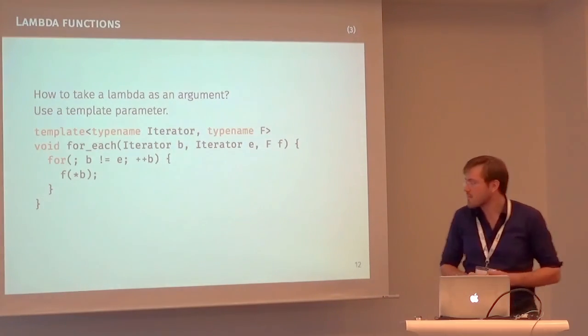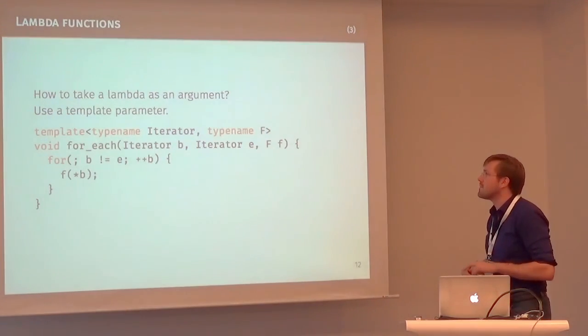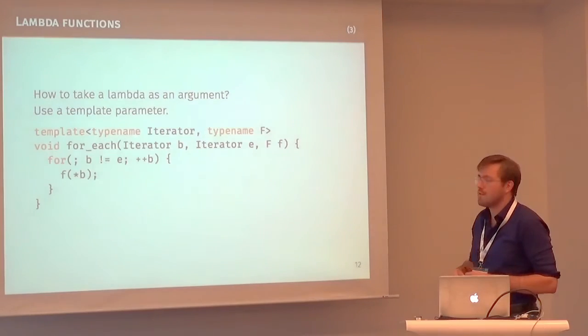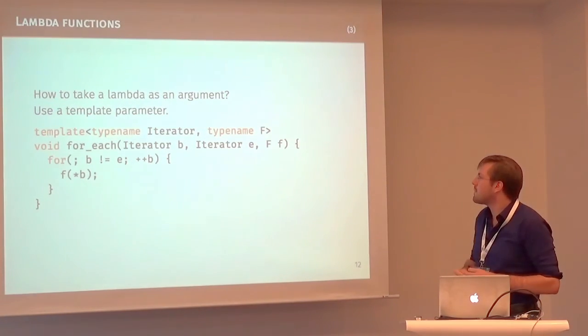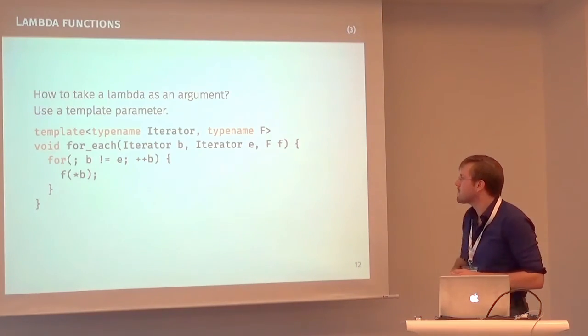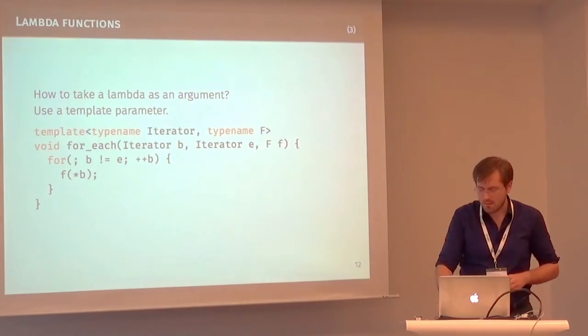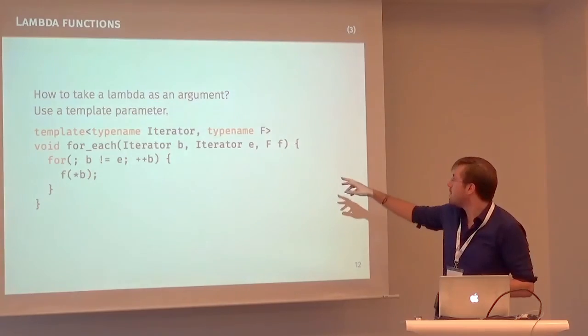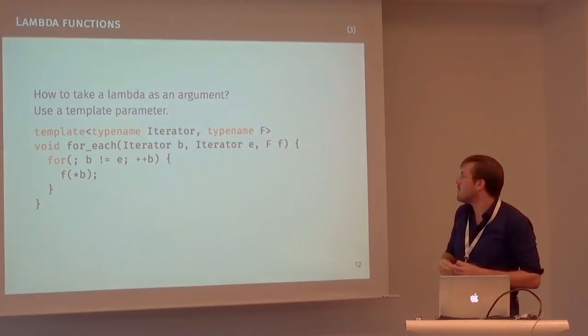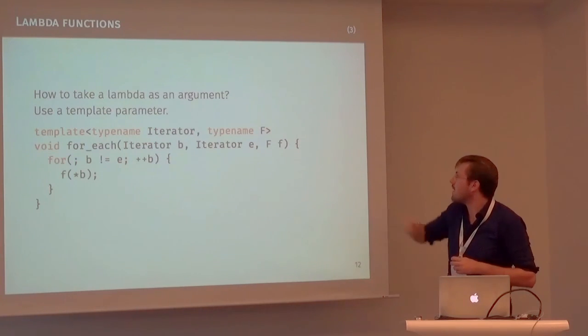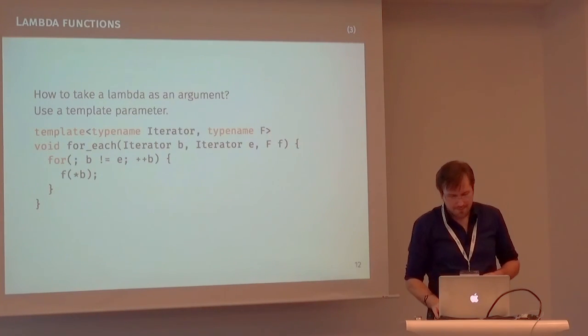And so, how do I pass a lambda as an argument if every single lambda has a different type? I use a template function. This is a very simple example. The type of the lambda does not need to be named because we have a template parameter, okay?